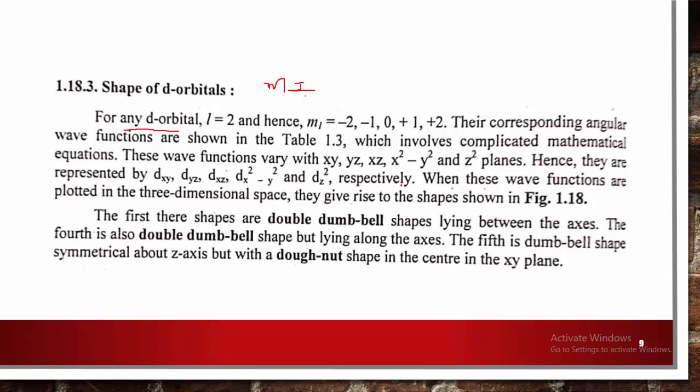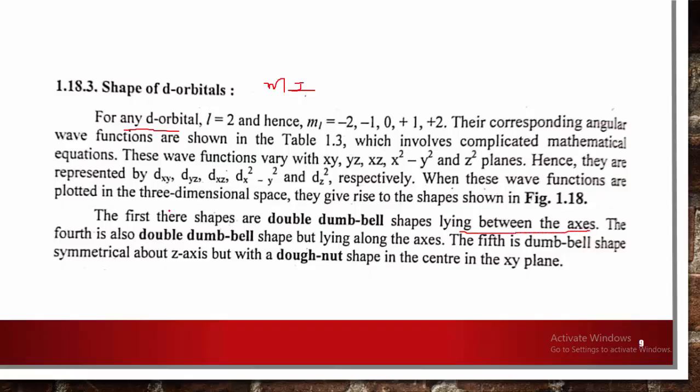When the wave functions are plotted in three-dimensional space, they give rise to different shapes of the d orbital. The first three, dxy, dyz and dxz, are double dumbbell shapes lying between the axes, not on the axes.